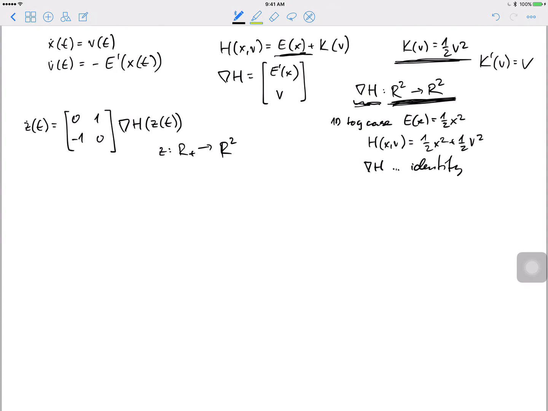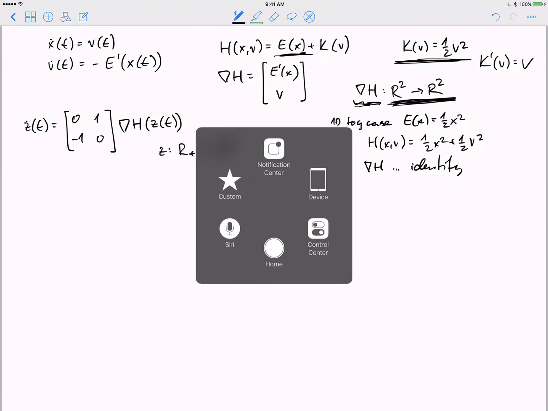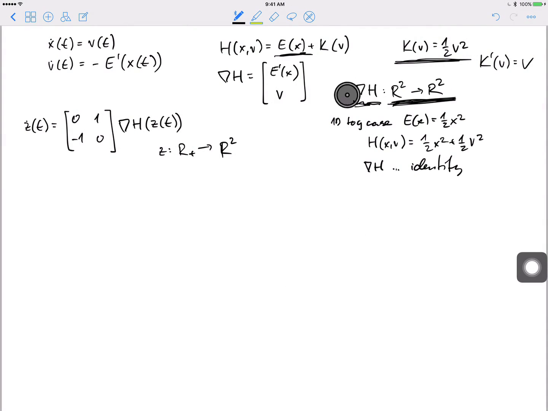The gradient of the Hamiltonian is an operator which goes from R2 to R2. So this z takes time, that's the t. It produces R2, and then the gradient produces another R2 vector, which I can multiply by a 2x2 matrix, right? And this is another 2D vector.